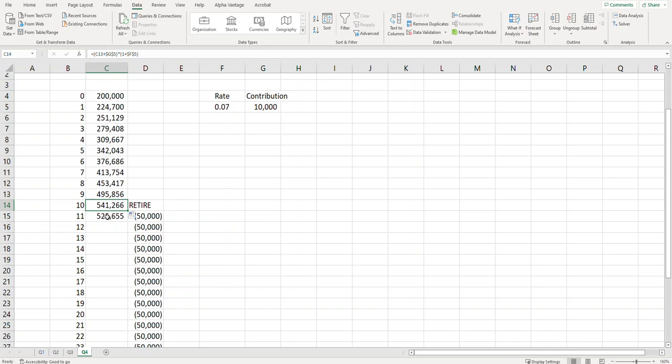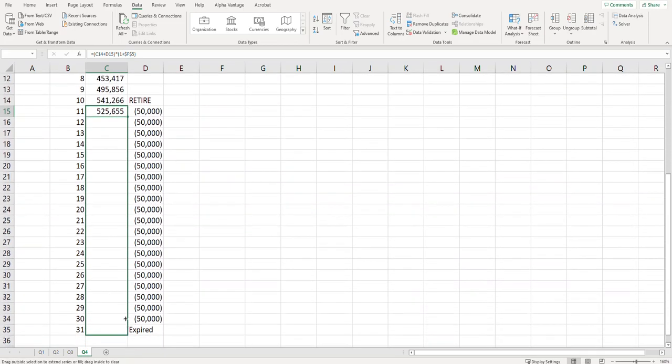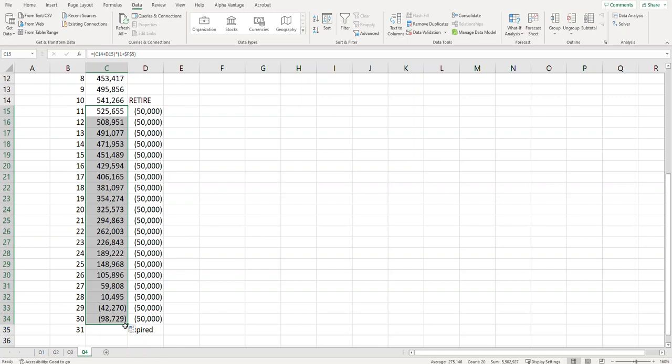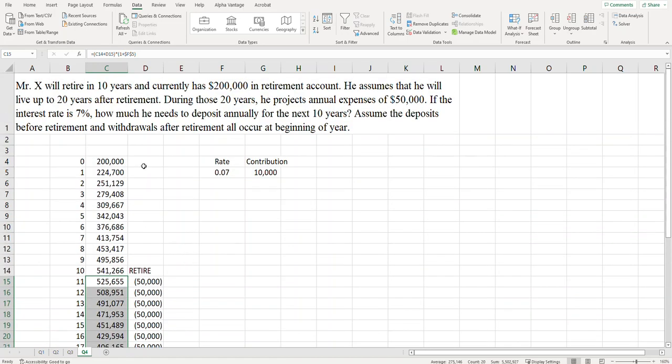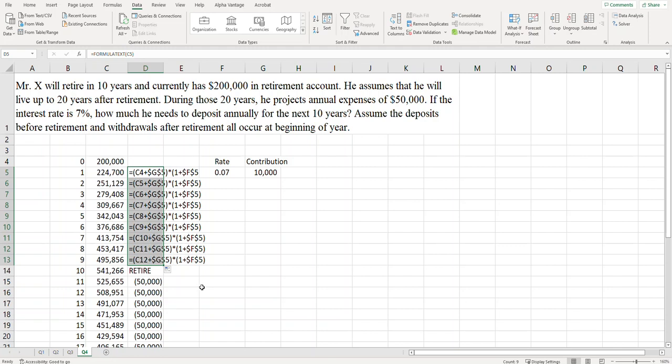So we can see, yep, by year 11, the money's coming out at the beginning of the period, and then it's calculating a growth of 7%. So we can take this all the way down, and we can see where we end up. So there's our formula there.